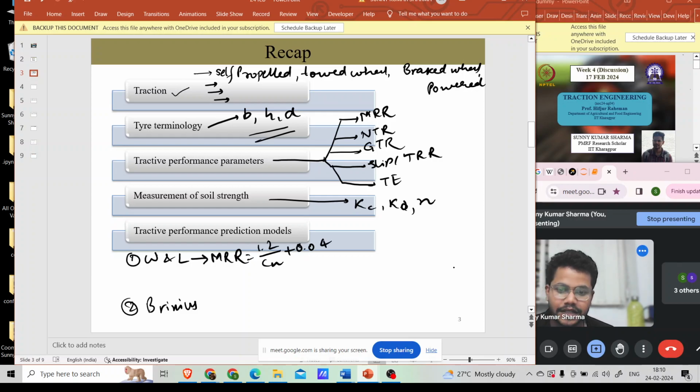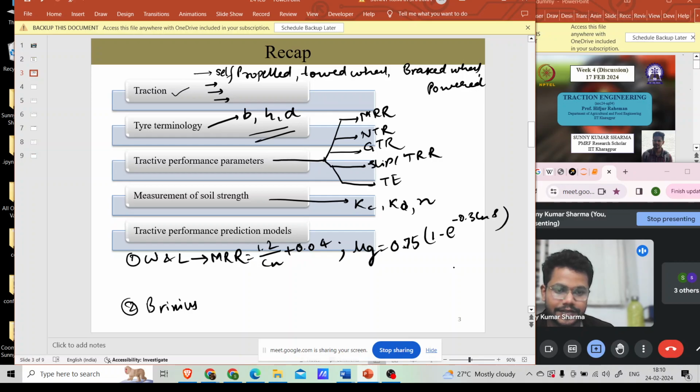Yes, correct. The Cn is wheel numeric. And what is the formula for gross traction ratio? 0.75 into 1 minus e to the power of minus 0.3 Cn S.